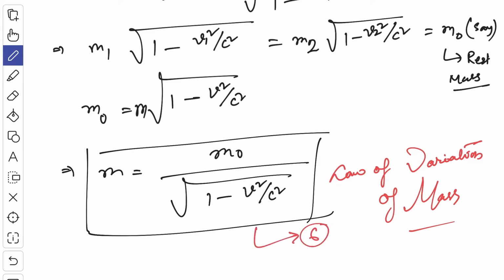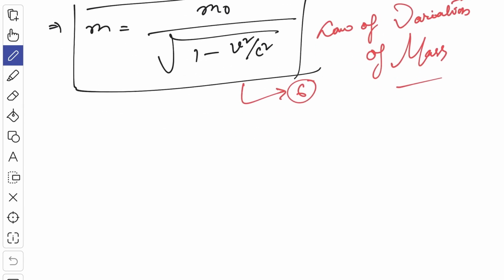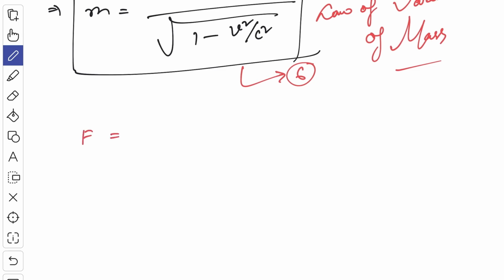Now this is, suppose, equation number 6, and using this equation again we can derive the Einstein mass energy relation. How to do that? We know that force F is the rate of change of momentum, that's why d by dt of mass into velocity.